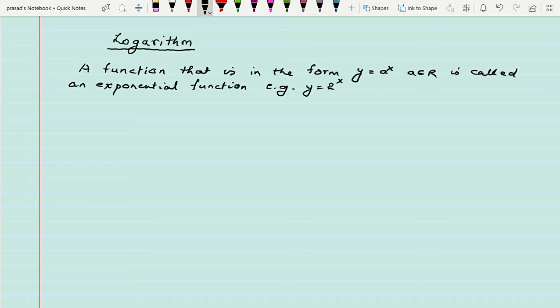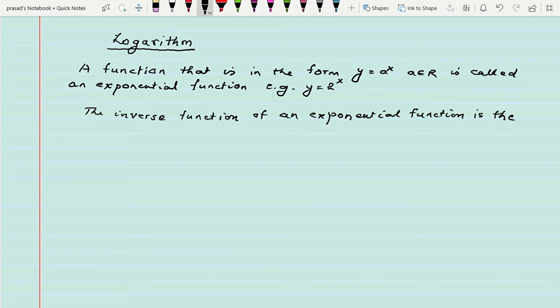So, keep it in mind that the inverse function of an exponential function is the logarithmic function, which is in the form y is equal to log of x to base a.